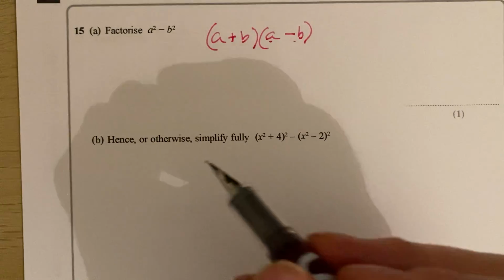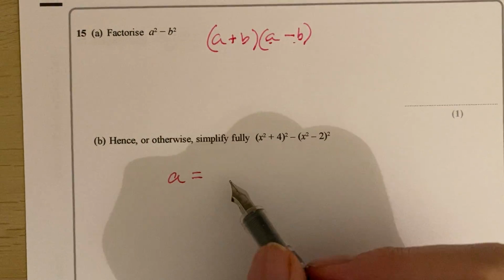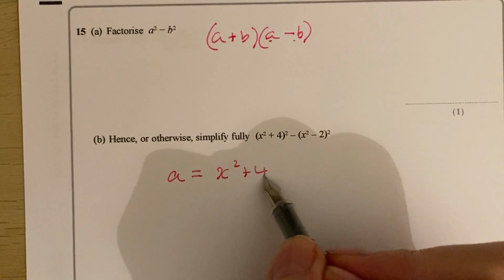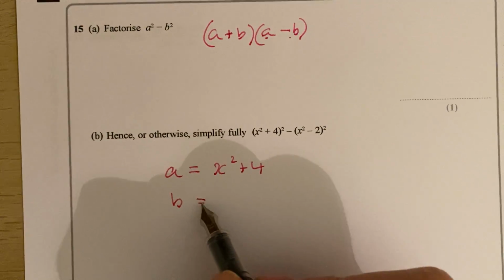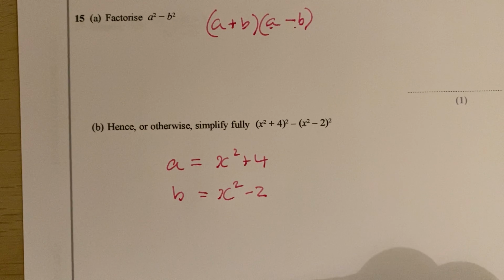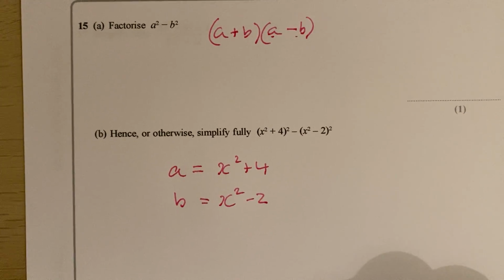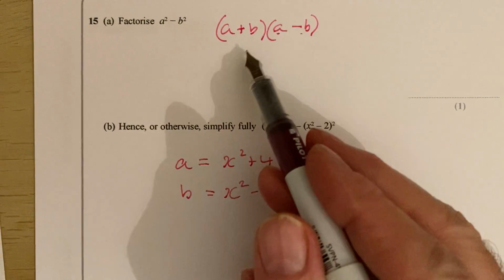Well, I see that A here is effectively x squared plus 4, and B is effectively x squared minus 2, isn't it? If I can do it that way, then suddenly things become a lot easier, because I can then put it into this form here.